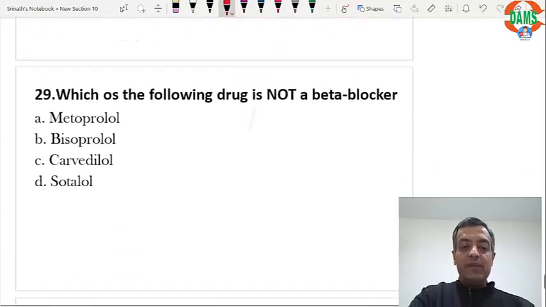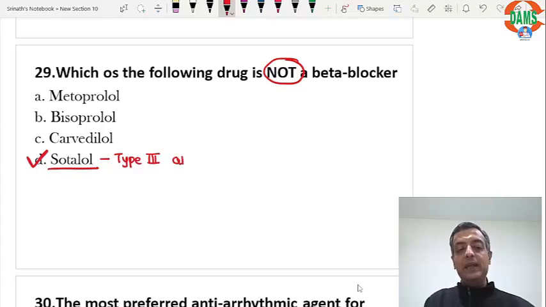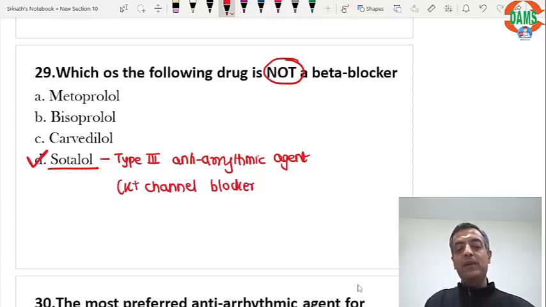Question 29. Which of the following drugs is not a beta blocker? Not a beta blocker is sotalol. Sotalol is actually a type 3 anti-arrhythmic drug. It is basically a potassium channel blocker with additional beta blocking action.